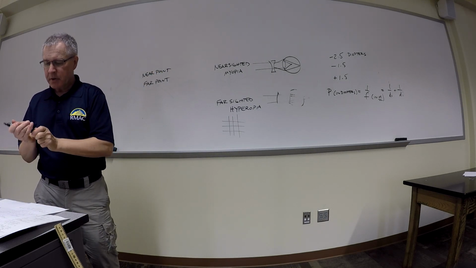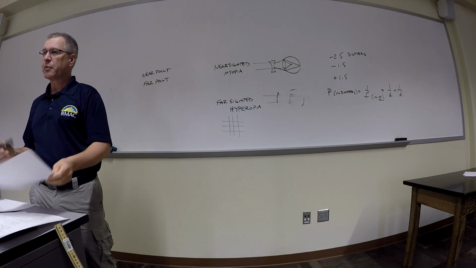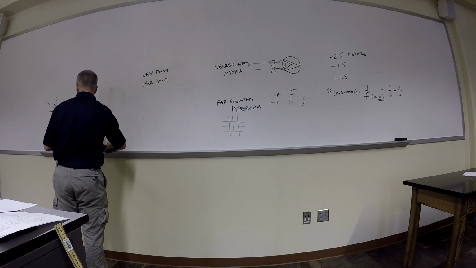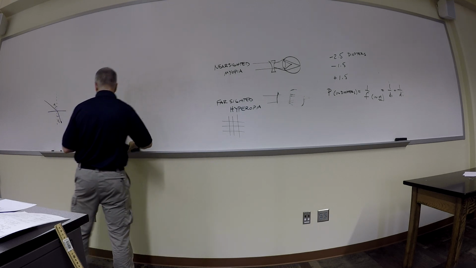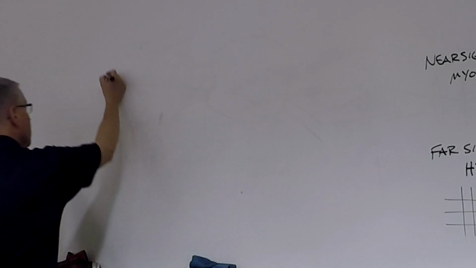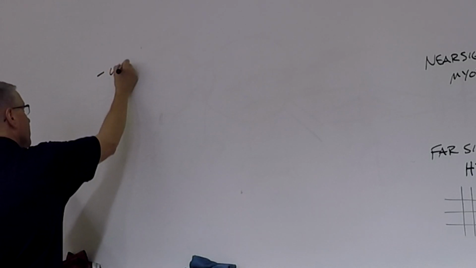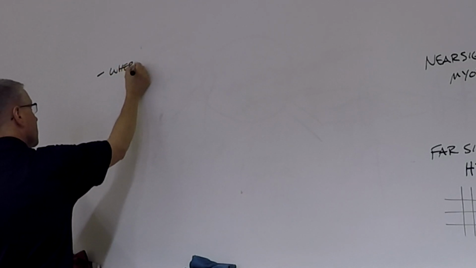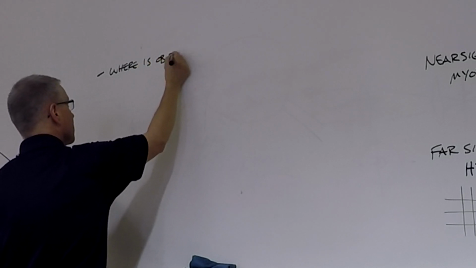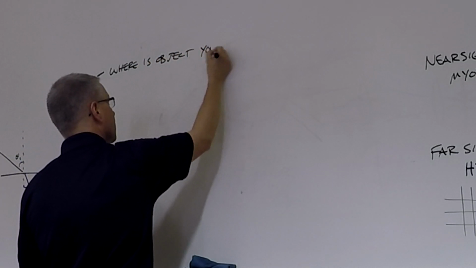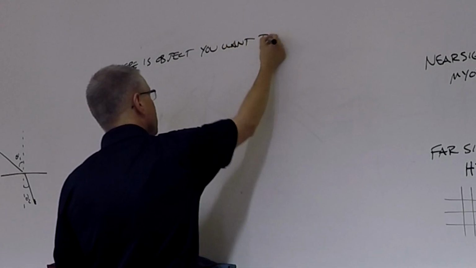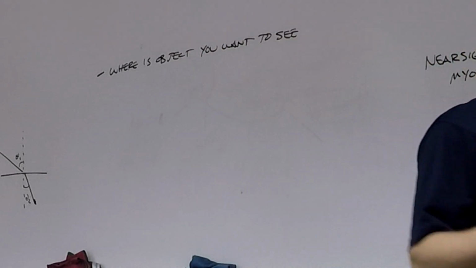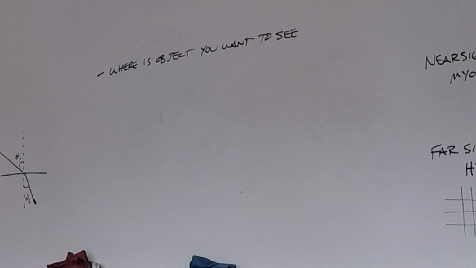So here's some things to know to get set up for doing these kinds of problems where we're trying to figure out what kind of prescription to give somebody. For a particular case, we'll have to take care of where's the object that you want to see, that you can't see without your prescription lenses.